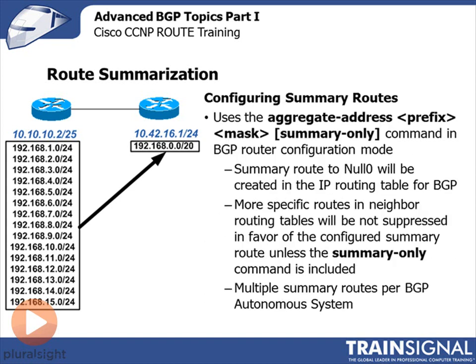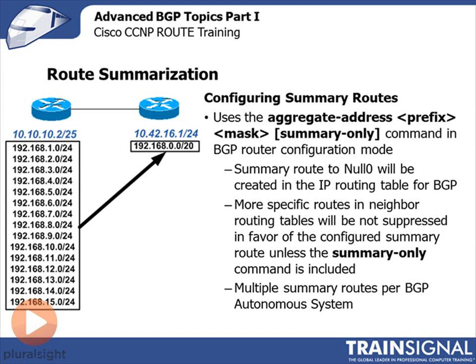Configuring summary routes in BGP, the syntax is different than it is in some of the other protocols. For instance, area range and summary address in OSPF, and the summary address per interface in EIGRP. In BGP, it is the aggregate address command. Under the BGP configuration mode, router BGP ASN number, the aggregate address, the prefix, then whatever the mask is, and I'll explain the summary only command in just a minute.